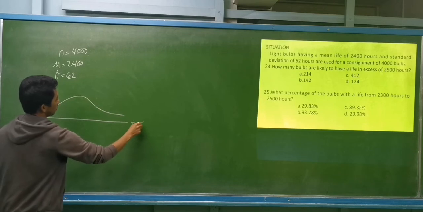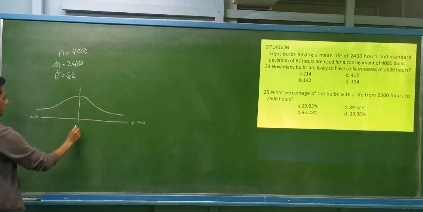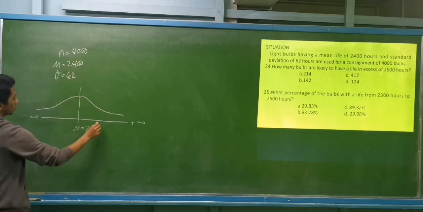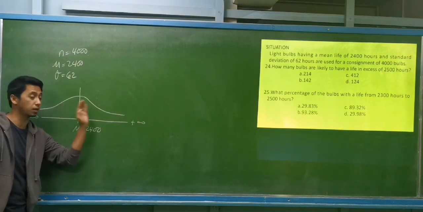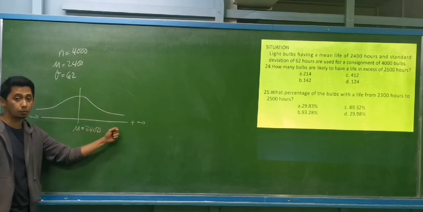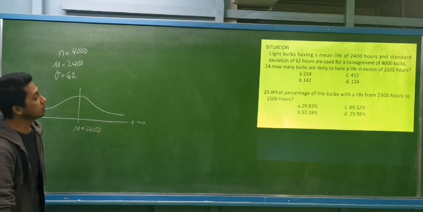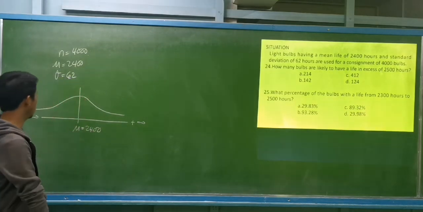So towards the positive infinity, ito naman towards the negative infinity, mahati siya ng mu equal to 2,400. So yung area sa kabila, sa left side ng mu is 0.5, yung area sa right side ng mu is also 0.5 since the total probability is equal to 1. So ang hinahanap natin dito sa number 24 is in excess of 2,500 hours.